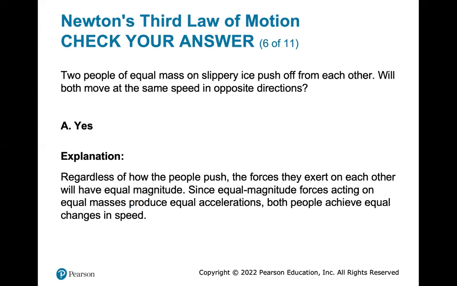Now, if one of the skaters was more massive, the lighter one would be propelled backward with a higher velocity, and the heavier one would go with a slower velocity. Regardless of how the people push, the forces they exert on each other will have equal magnitude. Since equal magnitude forces acting on equal masses produce equal accelerations, both people achieve equal changes in speed.